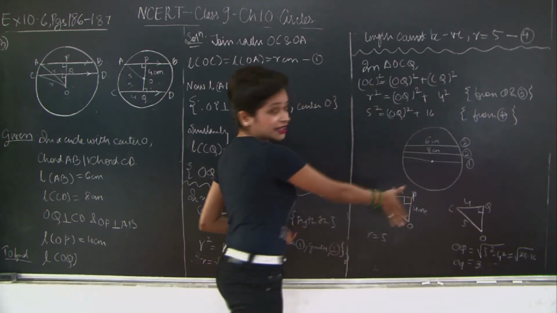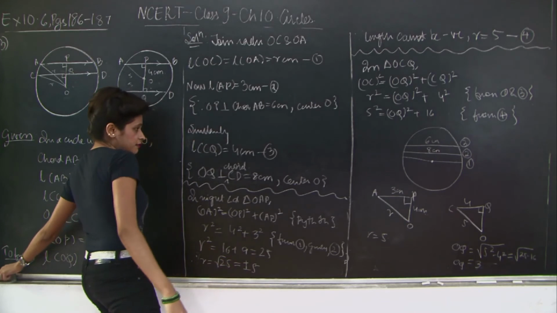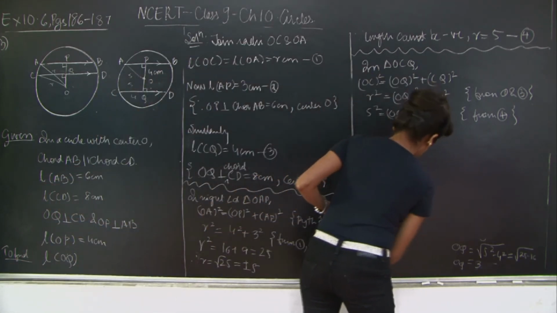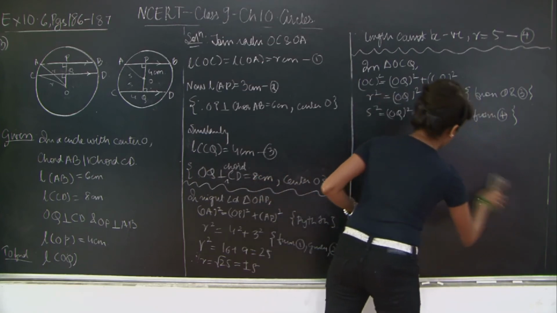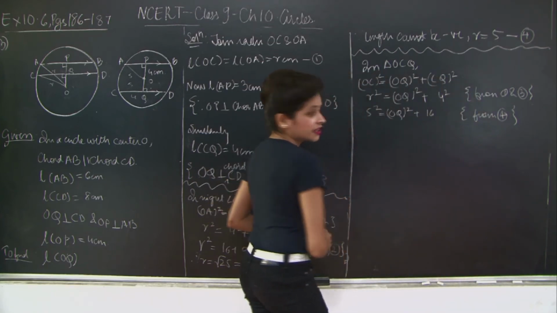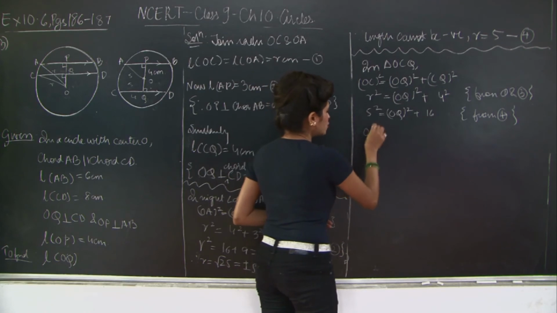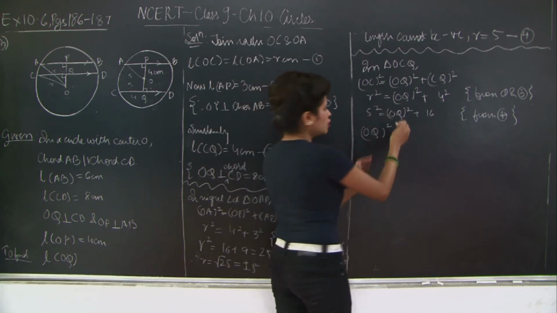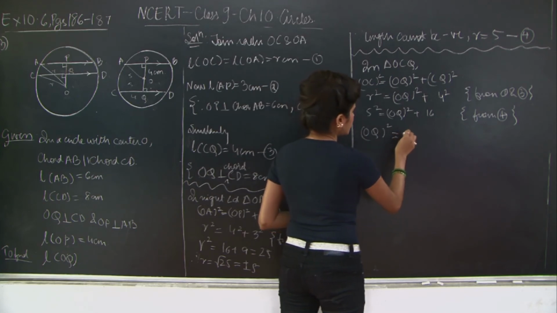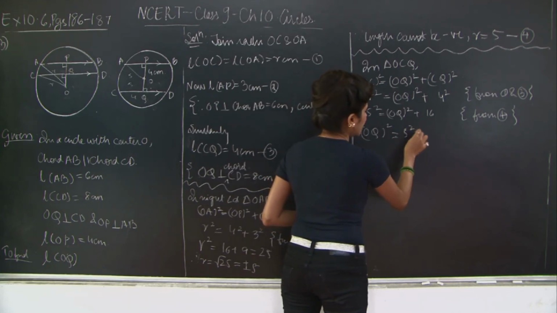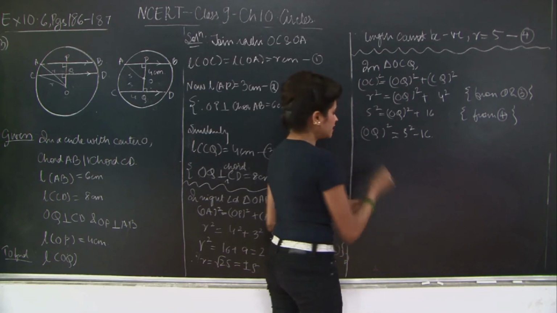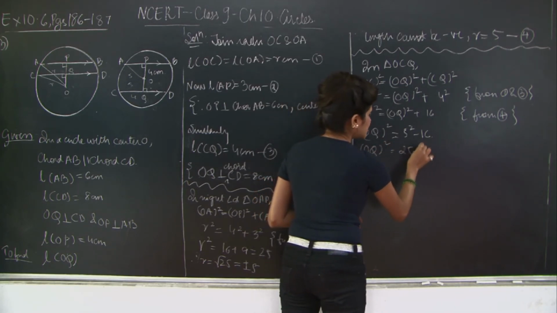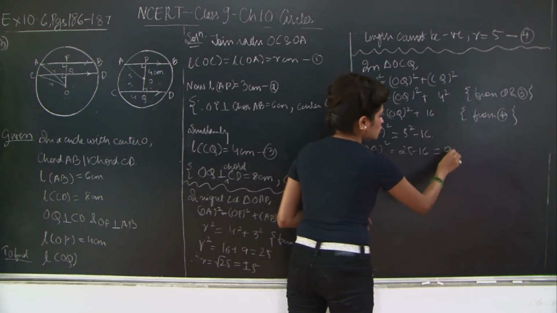So now we don't really need this section, so I'm going to erase it. Therefore, OQ square, I'm keeping OQ as it is positive, so this will be 5 square minus 16, right? So OQ square is going to be 25 minus 16, which is equal to 9.